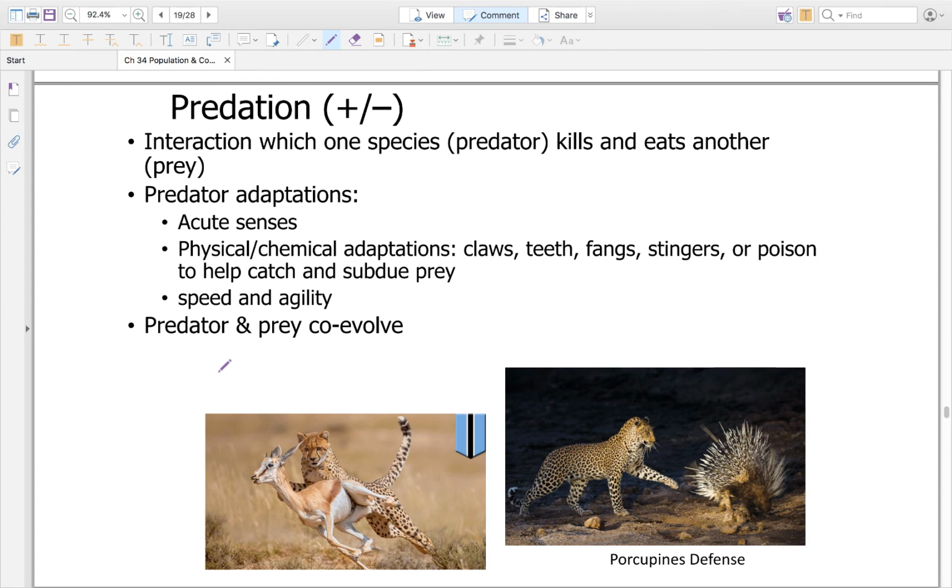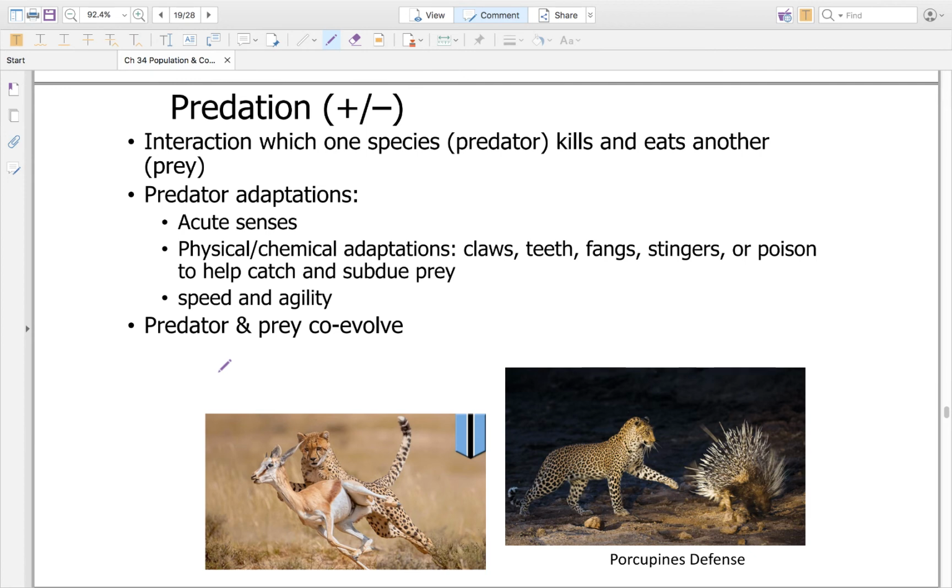Now, here's the interesting part, is that predators have adapted these acute senses. They've adapted physical and chemical adaptations, claws, teeth, fangs, stingers, poison, to help catch and subdue their prey.